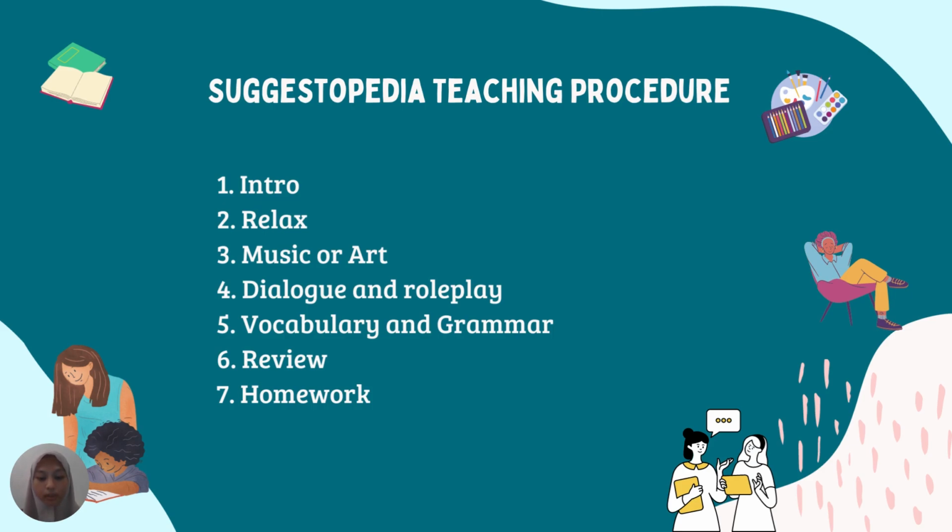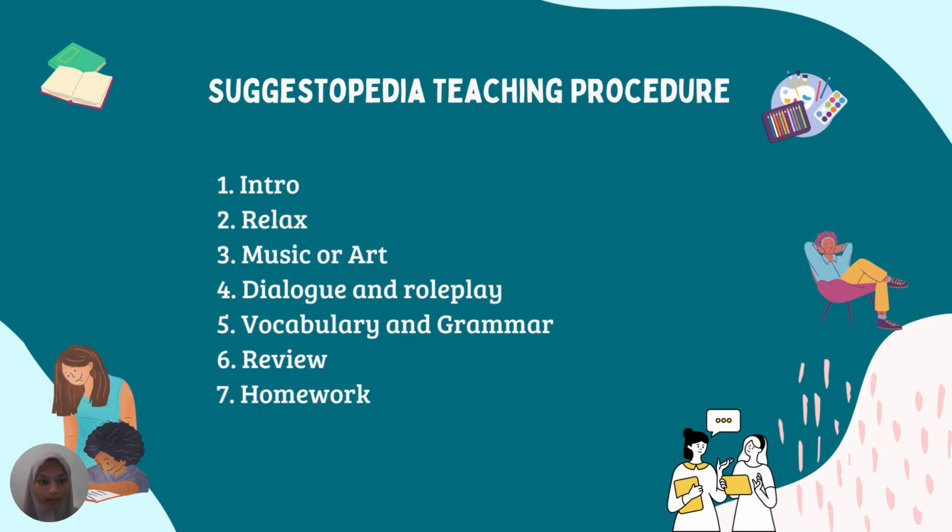For example, the lesson may focus on vocabulary related to travel, tourism, holidays, and so on. And then the second is relaxation. The teacher leads the students through a relaxation exercise such as guided meditation or deep breathing. This will help to create a relaxed and receptive state of mind.